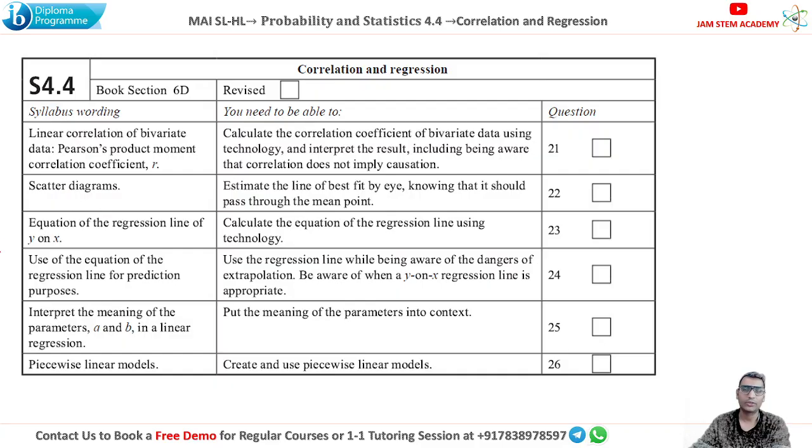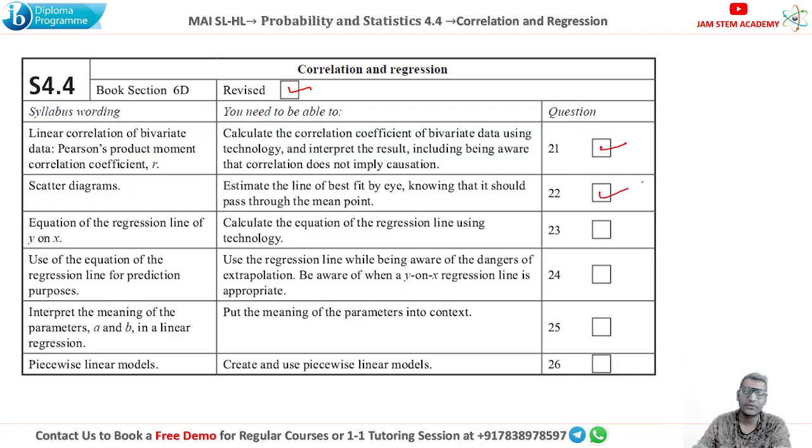So that's it for this session, and I hope you got all these things. Today we have covered everything required for correlation and regression. We started with calculating the correlation coefficient of bivariate data using technology and interpreting the result, including being aware that correlation does not imply causation. Remember this.